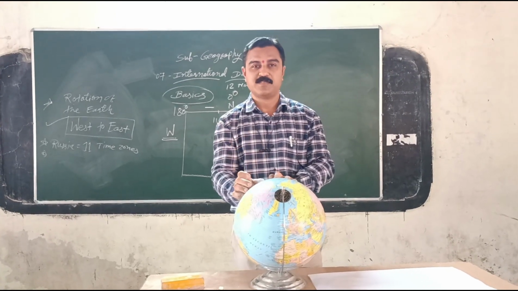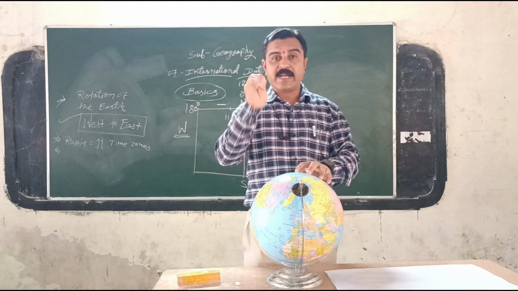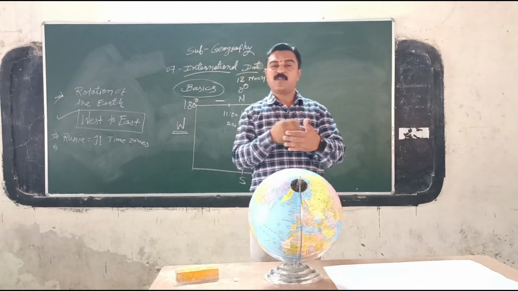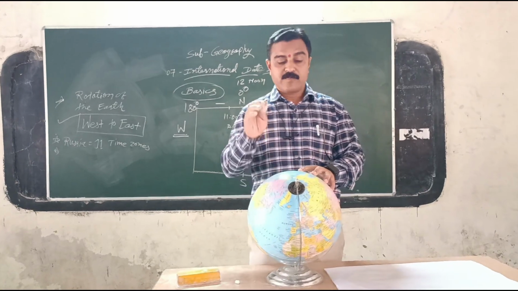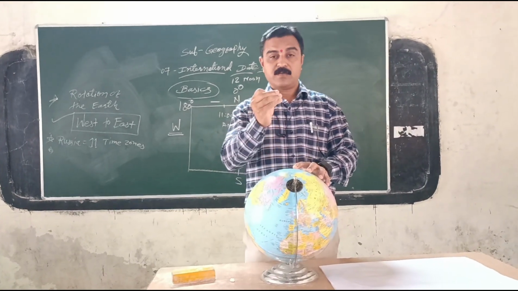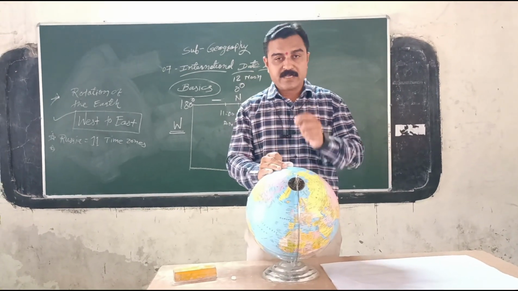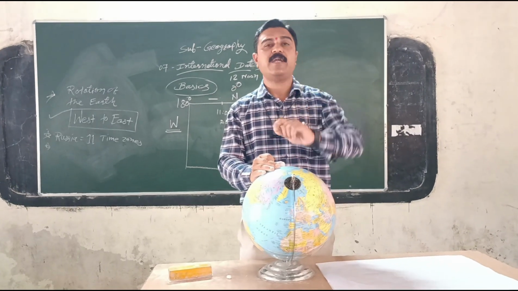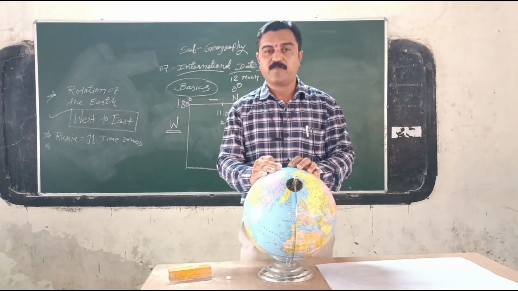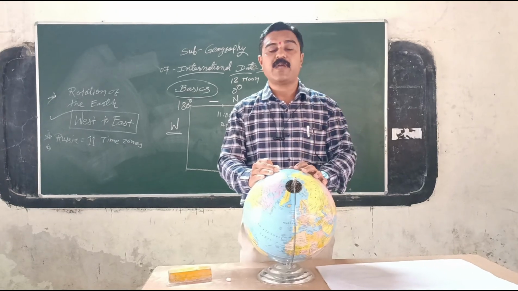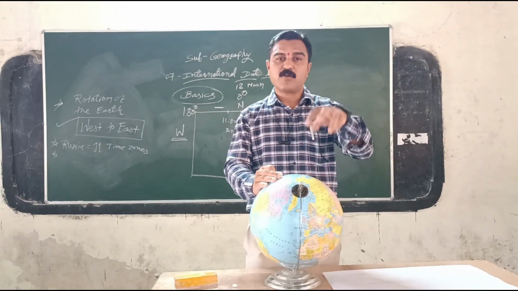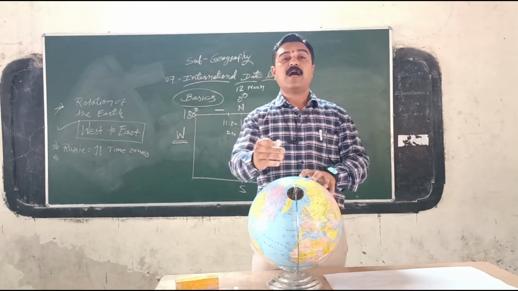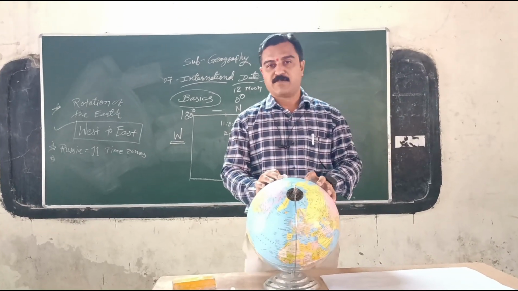Hope you understood this. Now in 1884, one conference was held, and through that conference it was decided that we should think about the international date line. This international date line was introduced in the 1884 conference, where all dignitaries came and expressed their wish and their knowledge, and it was decided that the ideal line must be established.